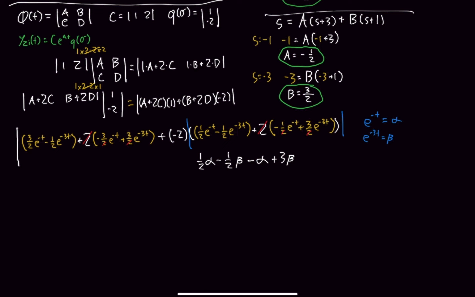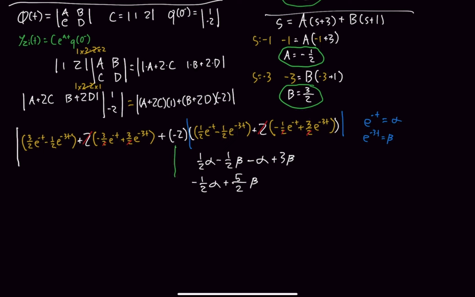So 1/2 minus 1 is negative 1/2 alpha. And then negative 1/2 plus 3 is 5 over 2 beta.